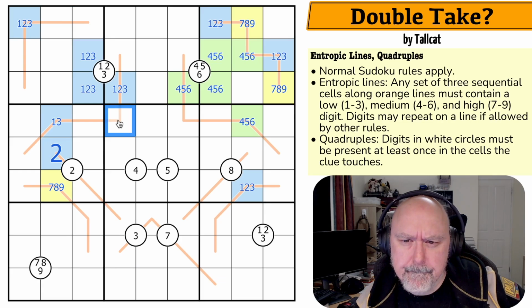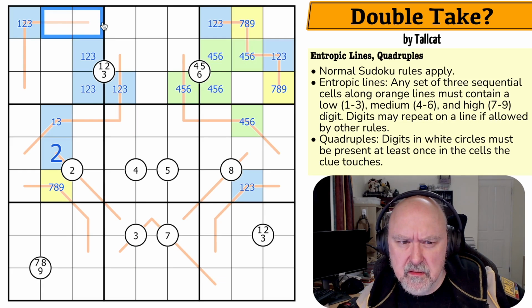Oof. That digit is that digit and will be up here. These are the same.